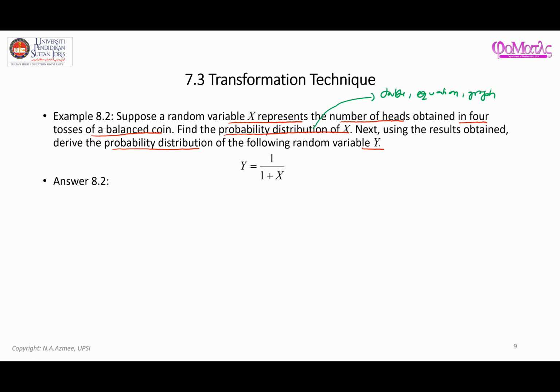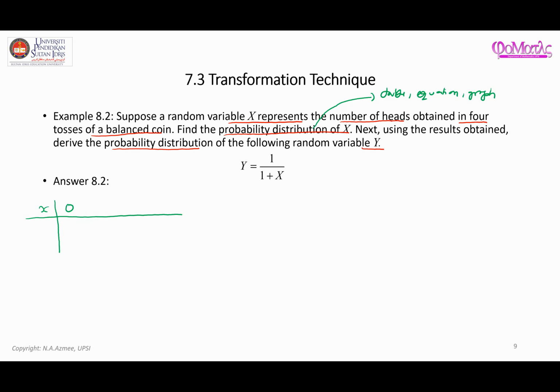We need to first identify what the values of X are. Imagine you toss a coin 4 times. If every time you toss a coin you get tail, then the minimum number of heads is going to be 0.